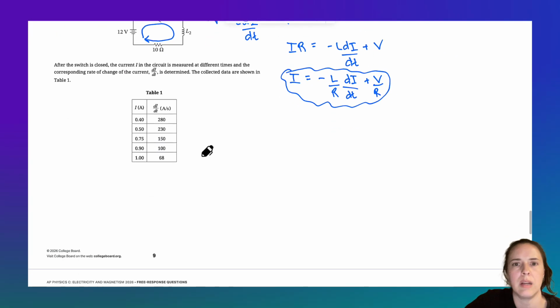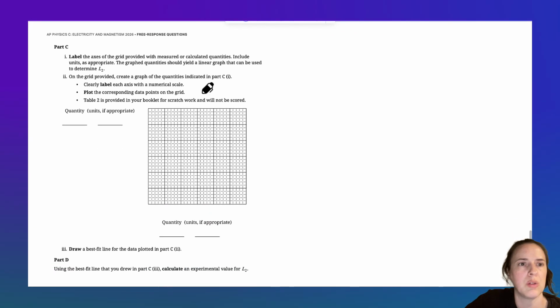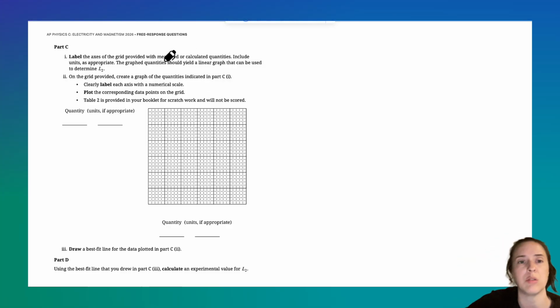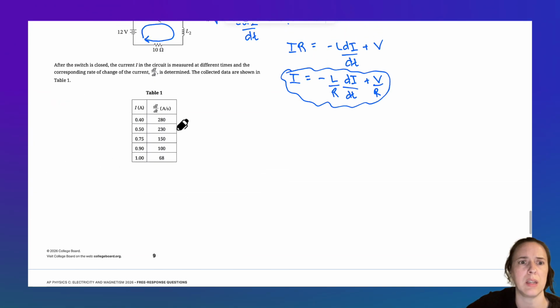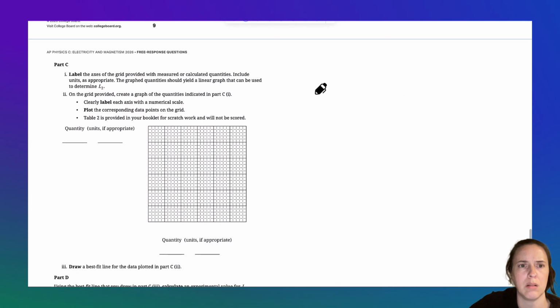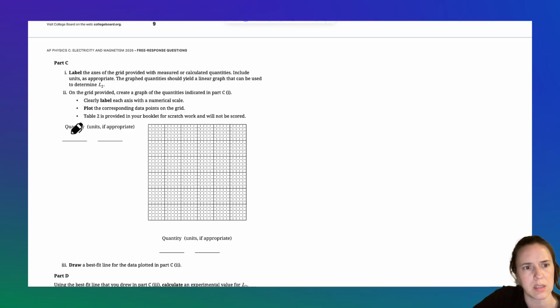Okay, let's carry on. So in part C, we want to label the axes of the grid provided with measured or calculated quantities, include units as appropriate. So it's up to y'all if you want to plot them as given or if you want to plot them switched. So I'm going to put I on the y-axis because that's what I ultimately went with.